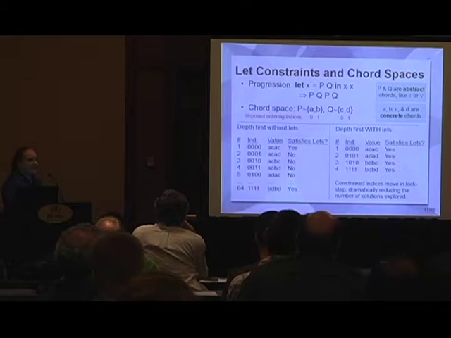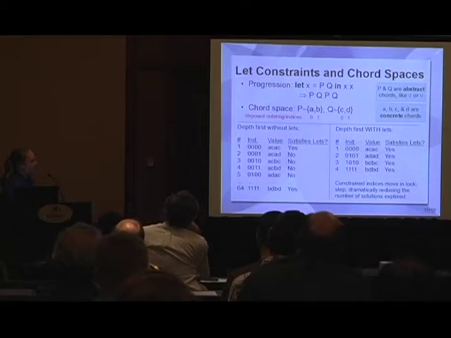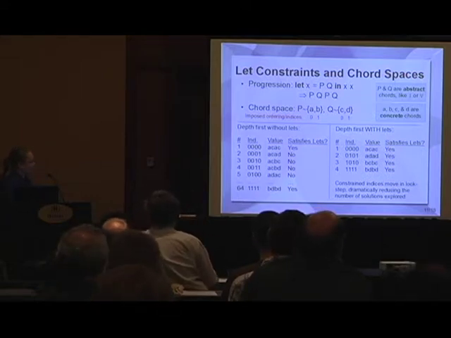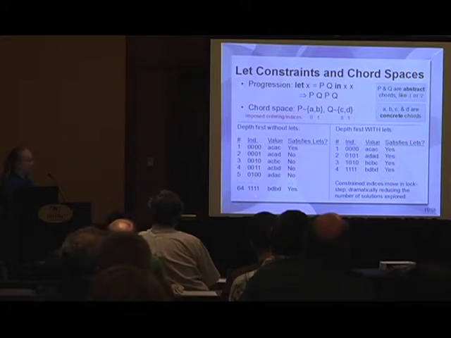So our chord space is trivially small for this example. P can be mapped to either A or B, and Q can be mapped to either C or D. So if we were to pass the evaluated expression to a constraint satisfaction algorithm, and not tell it anything other than that, we'd end up searching through this. We'd have to go through 64 things if we wanted to explore all of them, and only 4 of them actually satisfy the original let expression.